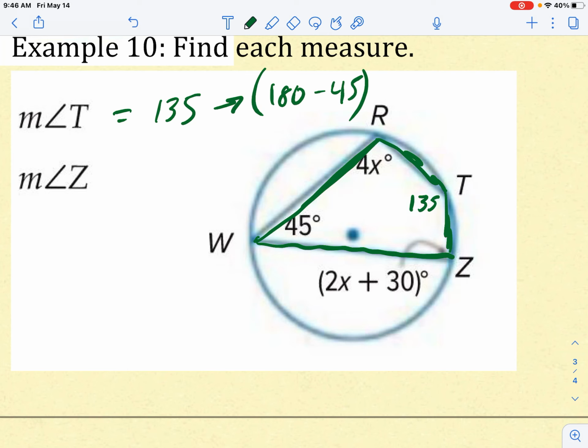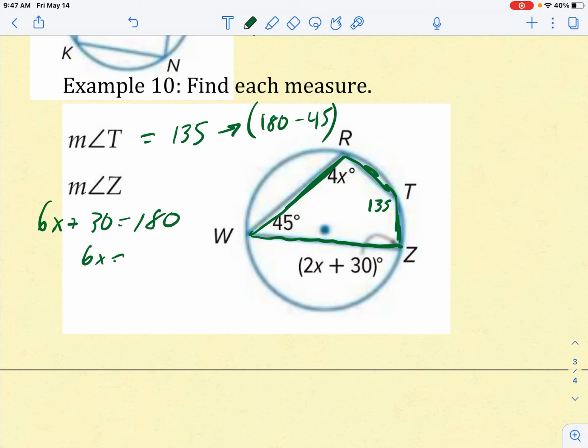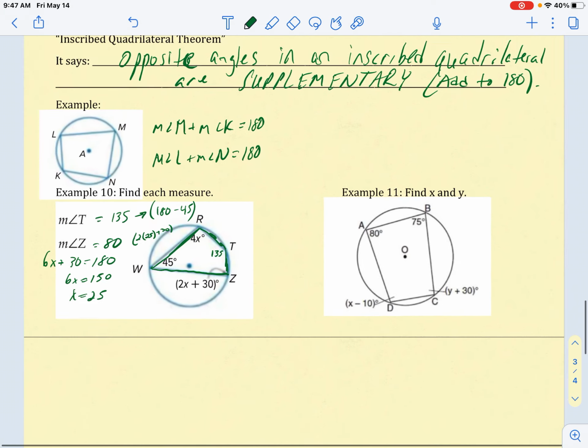And if we wanted to find the measure of angle Z, well, Z and R are opposite angles. So we could say 6x plus 30 equals 180. 6x equals 150. X equals 25. And the measure of the angle Z is 80, because 2 times 25 plus 30 is equal to 80.